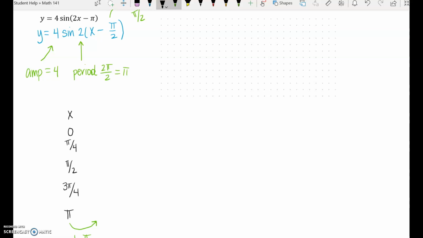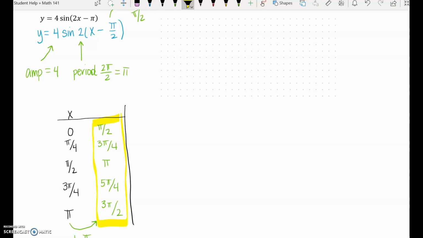And we're going to end up with pi over 2. We'll have a 3 pi over 4. This will be pi. 5 pi over 4. And then 3 pi over 2. So those are the x values that we're going to be graphing.